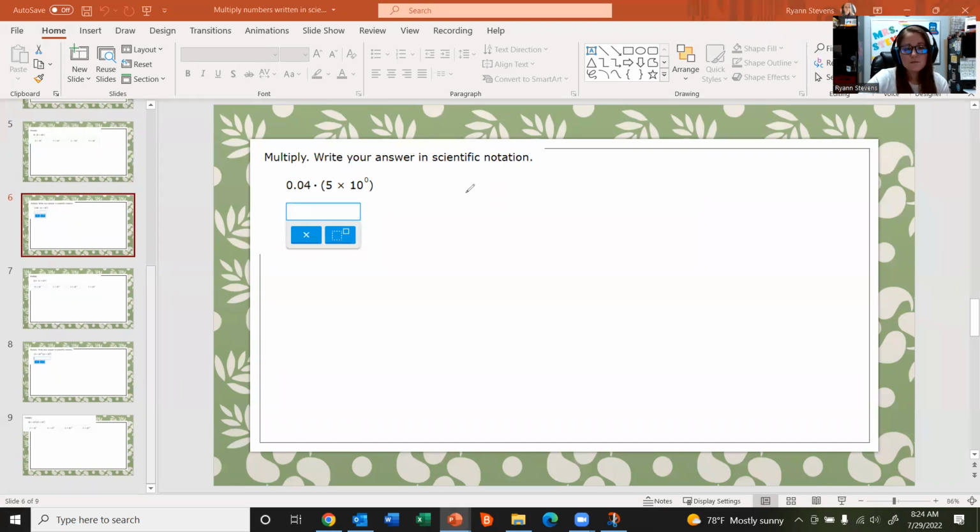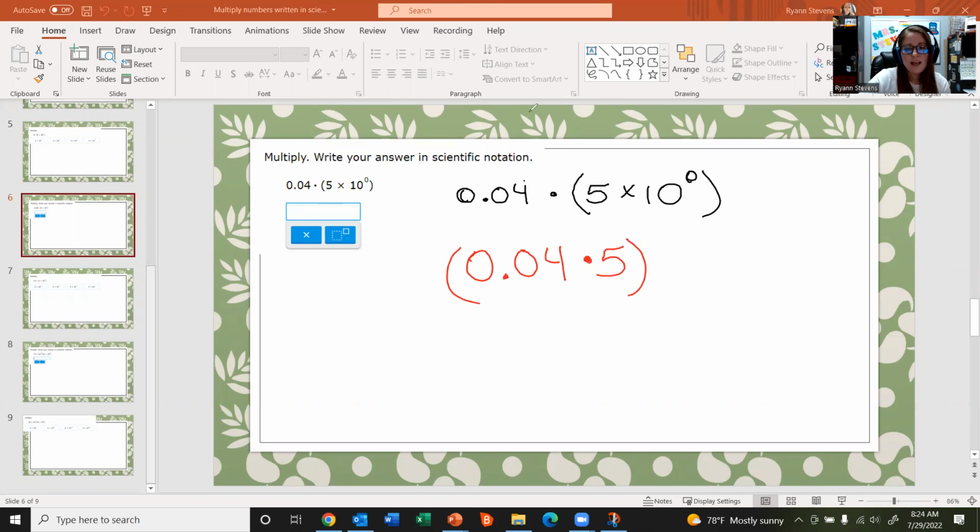This 5 is correct, but if we were to multiply this, we're going to say 0.04 times 5 times 10 to the 0 power. And then I'm going to regroup this as 0.04 times 5, and then this is going to be times 10 to the 0 power.